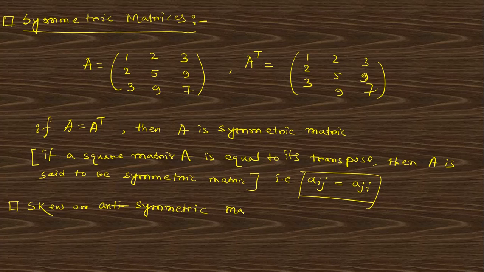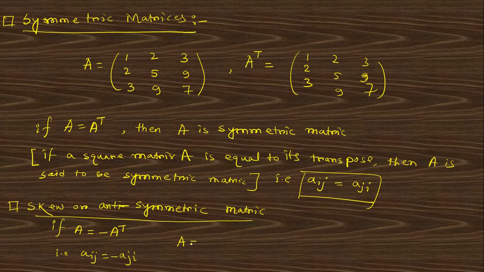That means if A is equal to minus A transpose, if you transpose A you can see a minus originates, that is, in terms of elements, Aij is equal to minus Aji. If this is happening, then you can say this is anti-symmetric.